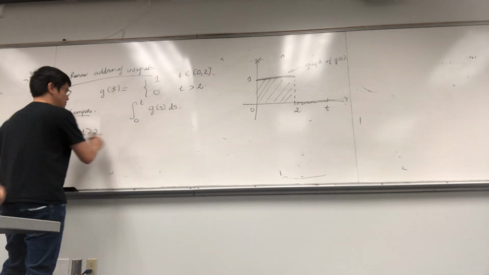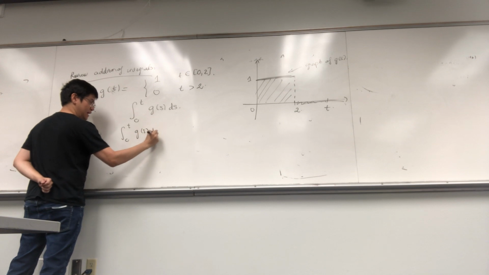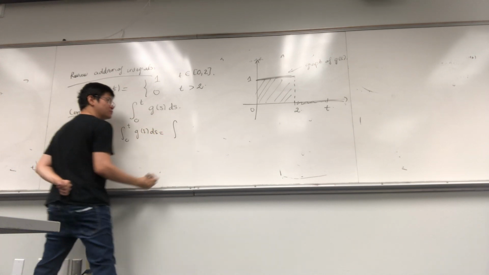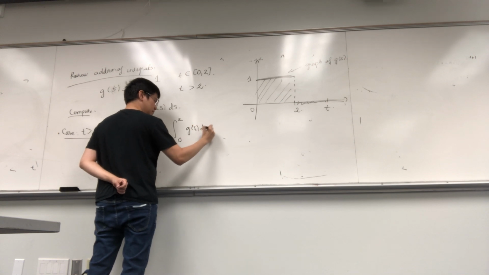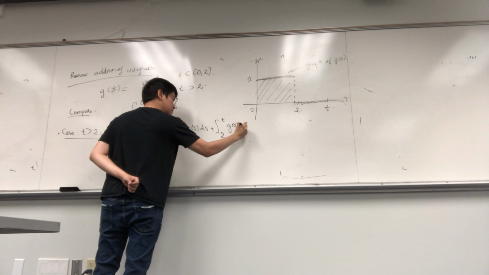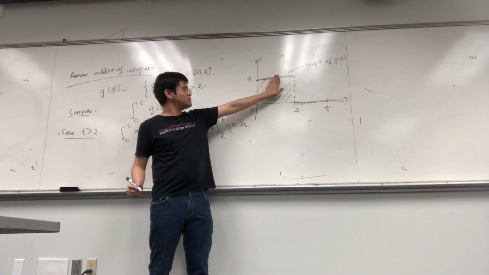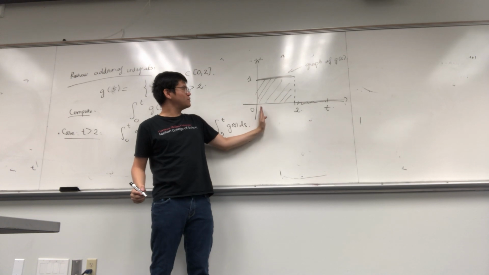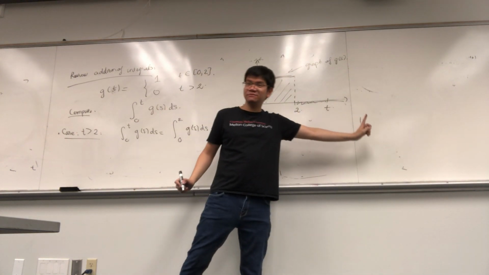So when t is greater than 2, the integral from 0 to t of g(s) ds will be the integral from 0 to 2 of g(s) ds plus the integral from 2 to t of g(s) ds. Right? So you add two areas. The first area is the area formed by this graph from 0 to 2, and the second one is from 2 to t.